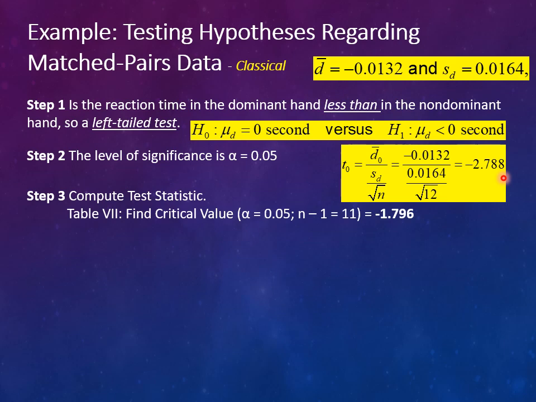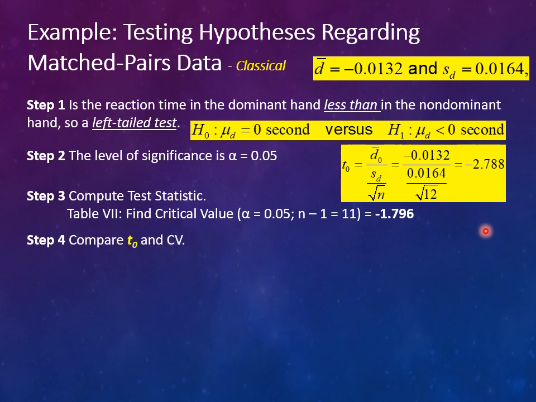Now when you look in the table, you're not going to see a negative value there, okay? But you've got to remember that the table is based on areas in the right tail. Because the distribution is normalized or symmetrical, the left-tailed would be that negative value. And so that's why we put that negative t sub naught for a left-tailed test as I went through the exercises.